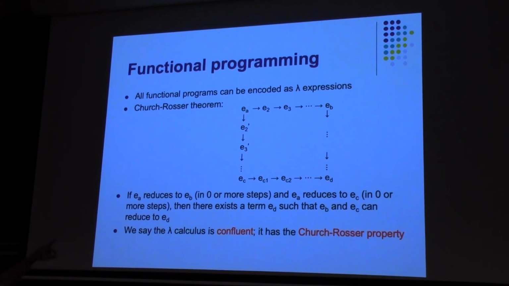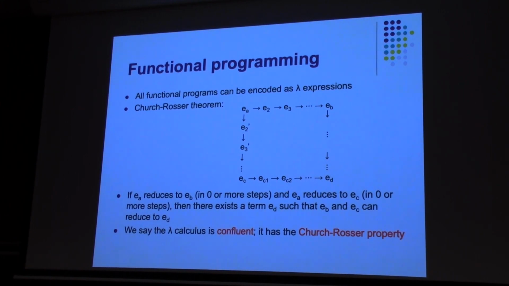So it says the following. If I start from some expression, EA, on the top left, I do reduction steps. So this is lambda calculus. Lambda calculus is a formal model of functional programming. We saw it in the previous course, and we actually did exercises in it and so on. And this is what theoreticians, mathematicians study when they study programming. They start from the lambda calculus.